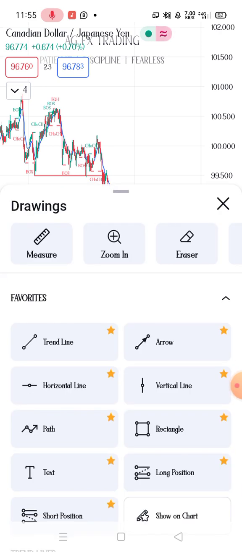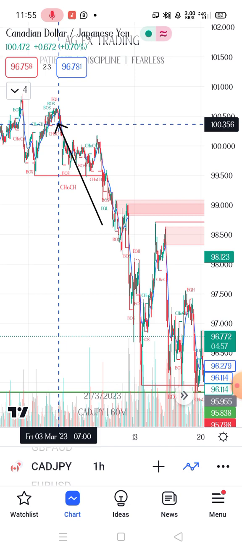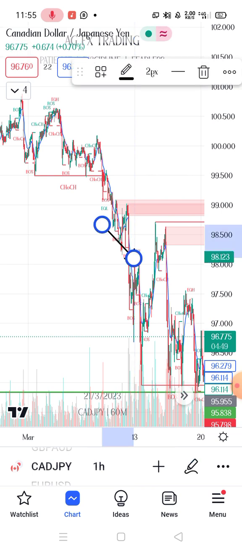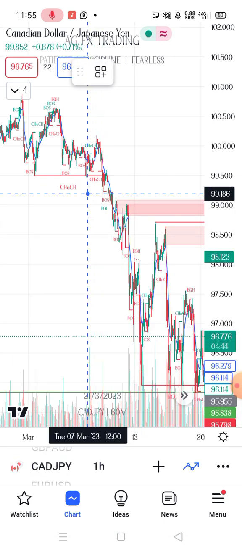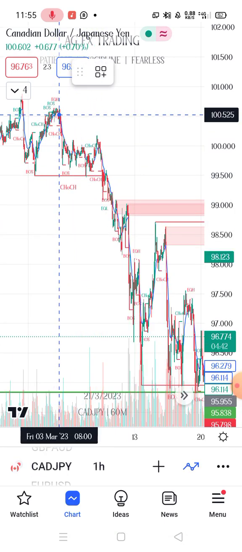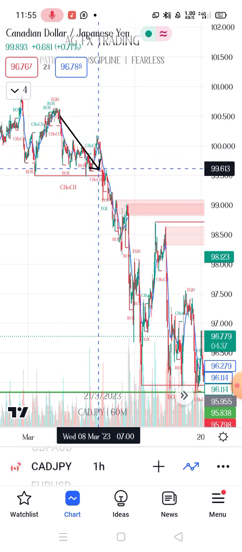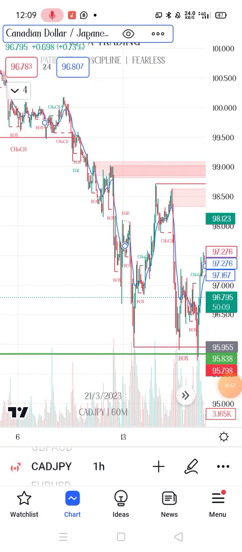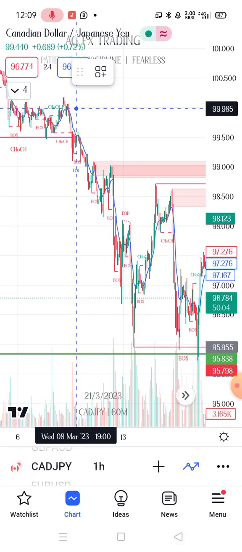It started here. So this is how you draw your trend line indicating a downtrend.